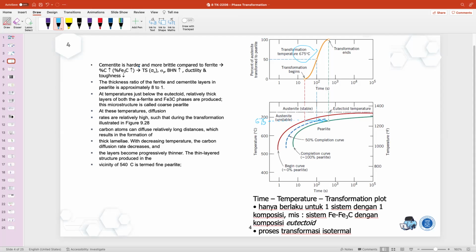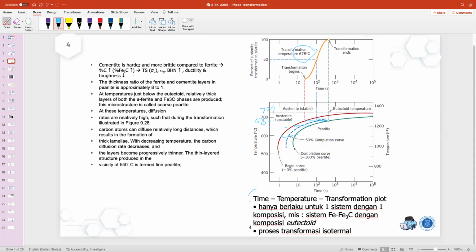Okay, and then let's do this for another transformation at a different temperature. For example, at 650 degrees Celsius, we make it again and plot it, and it becomes like this one. Then we make all the curves from the top one, from 700 to 700, and this becomes this curve.